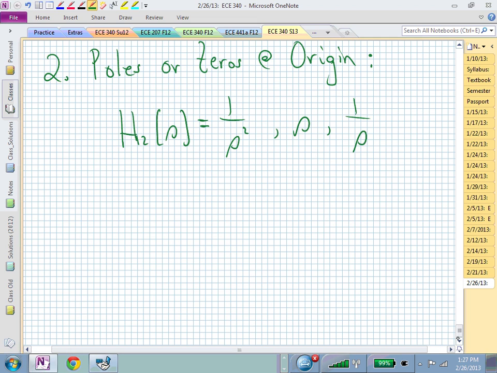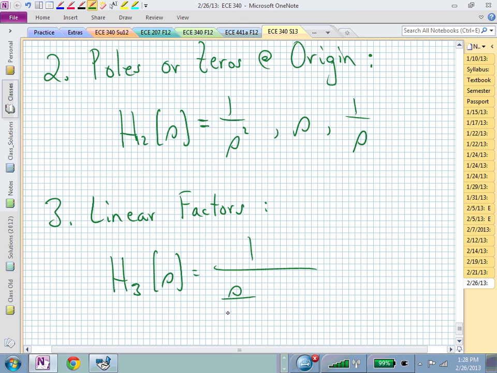What else do we have? We also have linear factors. And now I'm just emphasizing that the pole located at minus omega sub b is a frequency. I'm labeling it as an omega sub b. It has some bandwidth. This now is what kind of a behavior?